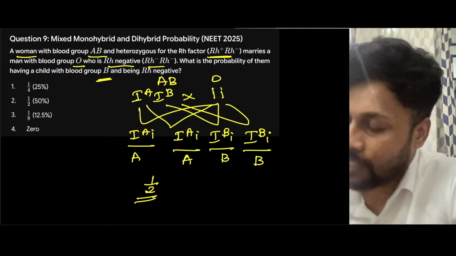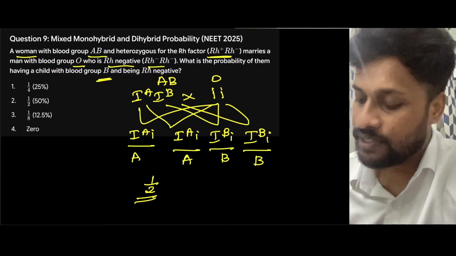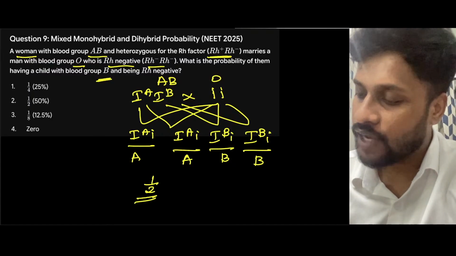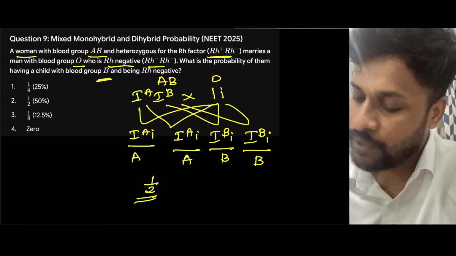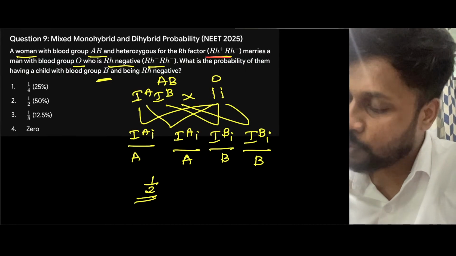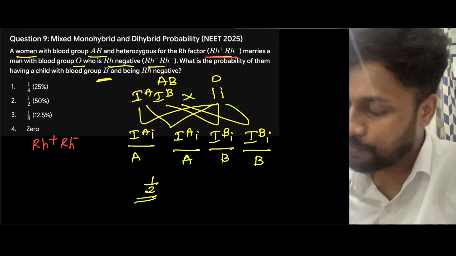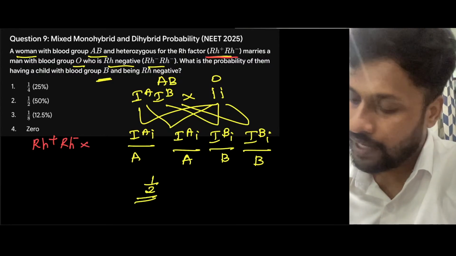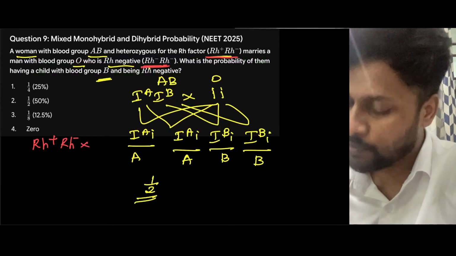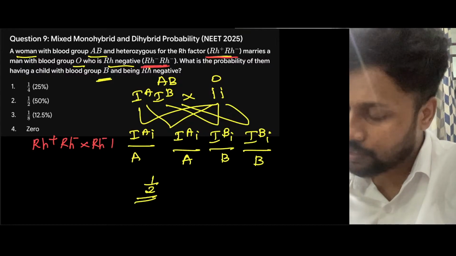So half part of the question is done. Now there is one more thing. Now we have to cross RH factor. When you consider RH factor, the woman is RH positive, RH negative, with the man RH negative, RH negative.